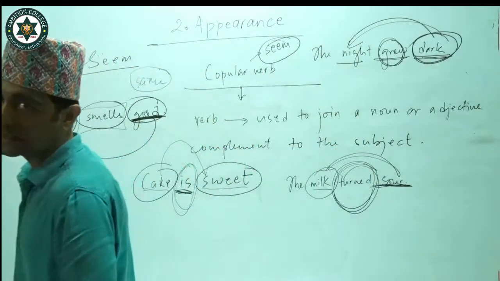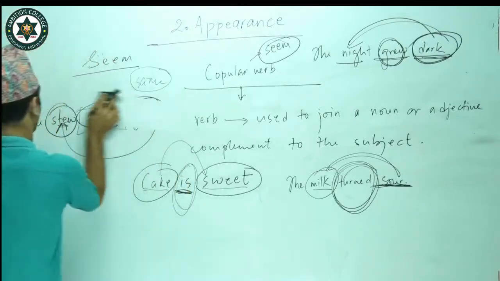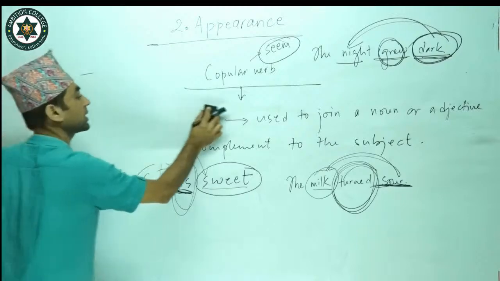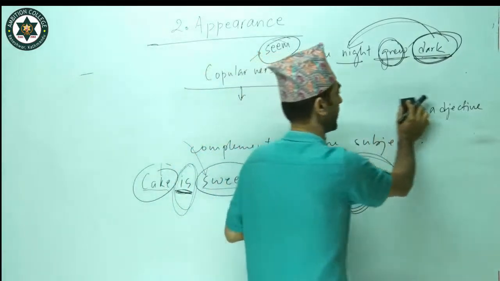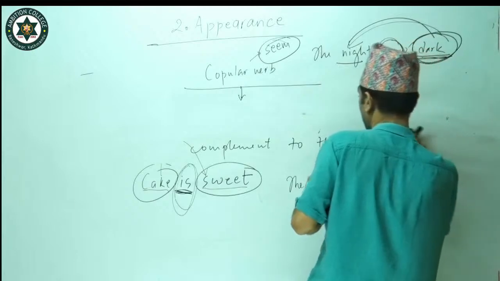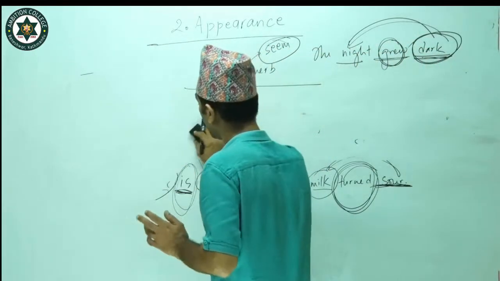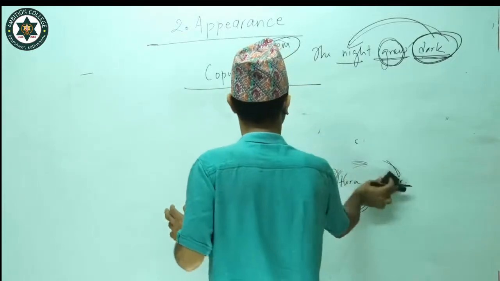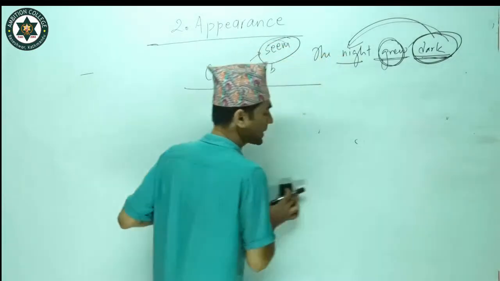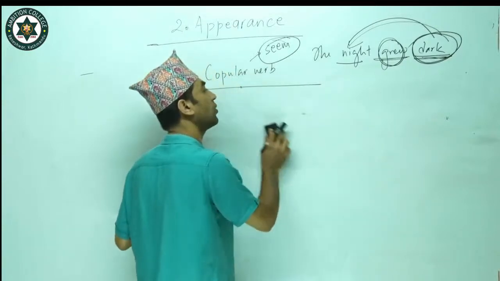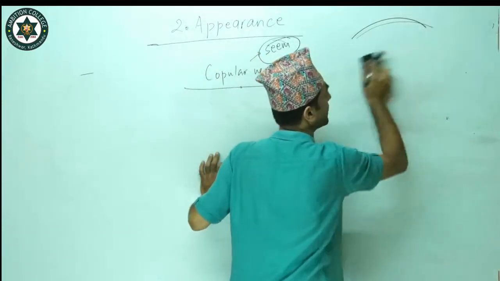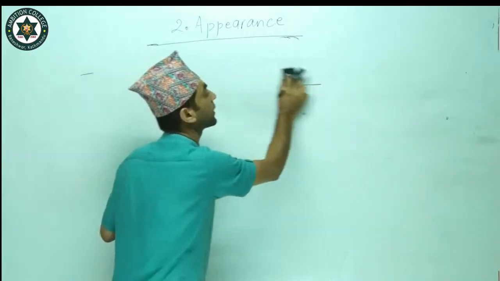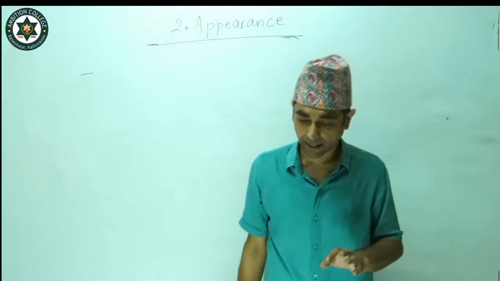Now, what are the structures for seem? Hope you understand the copular verb. The copular verb actually joins the subject with its complement. Here, the adjective or the noun complement is seen as similar to the subject. The qualities, the statements made through the noun or the adjective complement, are supplied to the subject of the sentence.